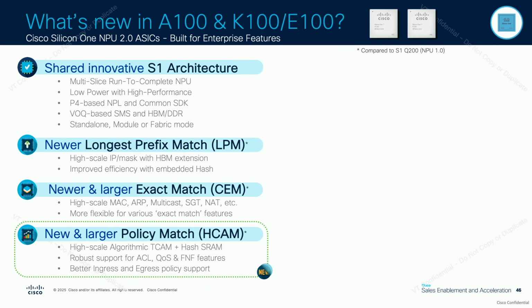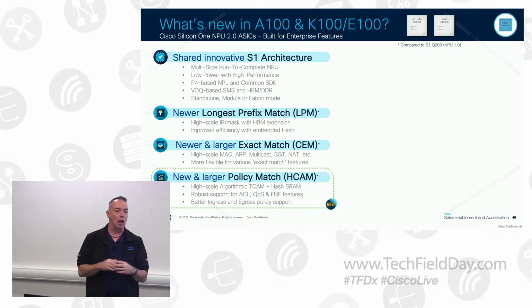Now, the real money shot, the thing I want you all to remember, it's a new acronym, is HCAM, okay? And it is a TCAM, the thing right here at the first bullet. It's a hash-based algorithmic TCAM. All right, that's some fancy words. What we realized, and I have a slide on exactly this, is that TCAMs are very, very expensive.